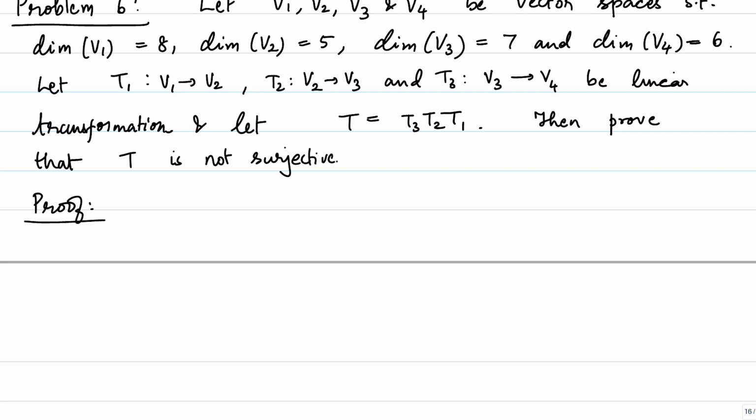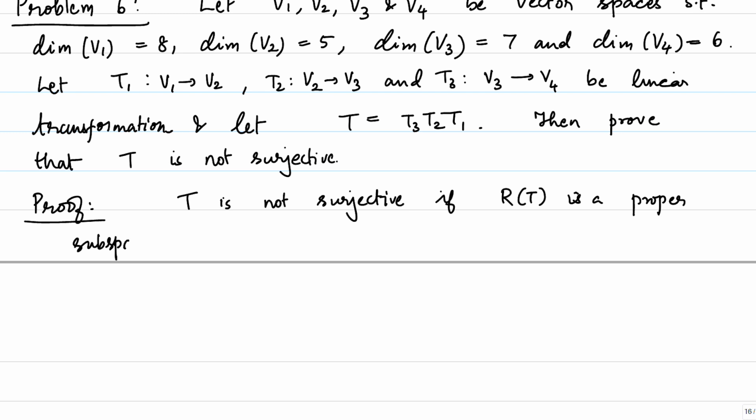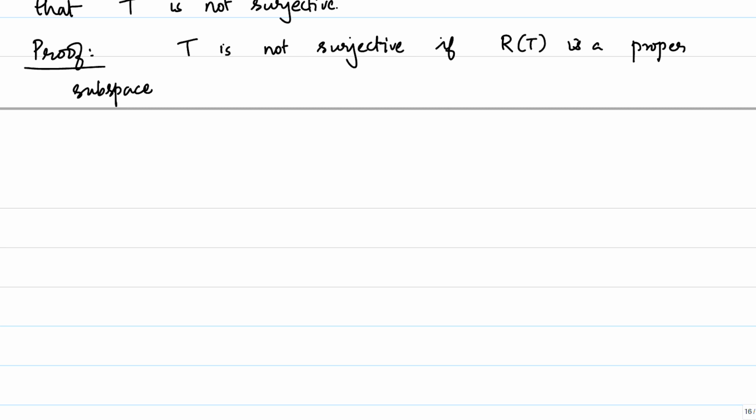Okay, so what does it mean for some map to be surjective? It means that the range space is equal to the codomain. So T is not surjective if R of T is a proper subspace. But if it is a proper subspace, the dimension will be smaller, right?